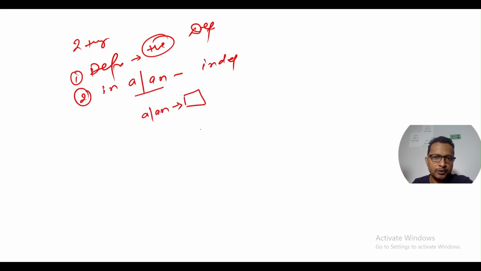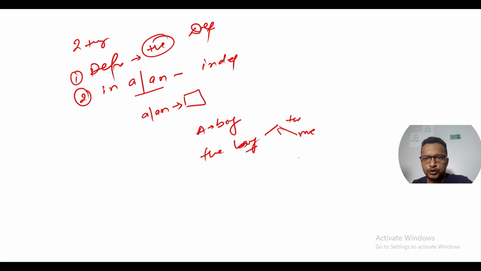For example, I say a boy. In our previous example, if I write a boy, I don't know which boy I'm referring to. But if I say the boy, then I expect that the boy I am talking about is known to me and known to my listener.